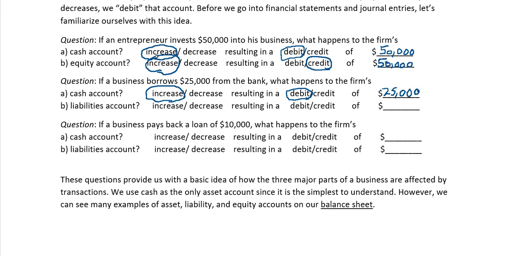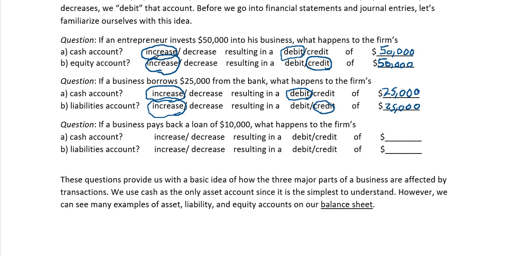And this time, the increase in cash was a result of liability and not equity, since we took a bank loan. And liabilities are also on the credit side of the accounting equation. So that will be an increase, and it will be a credit of $25,000.